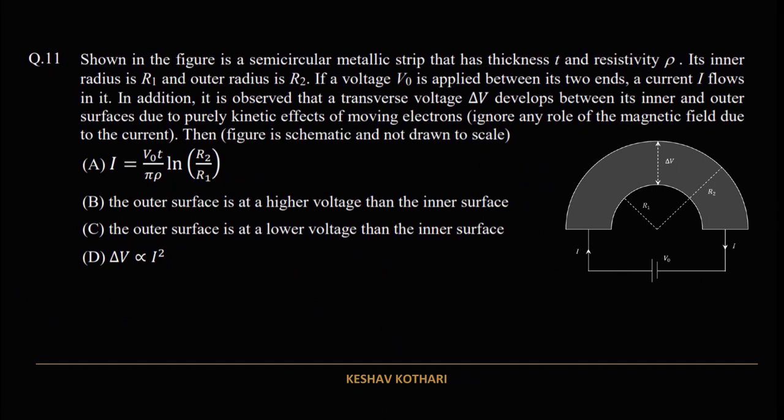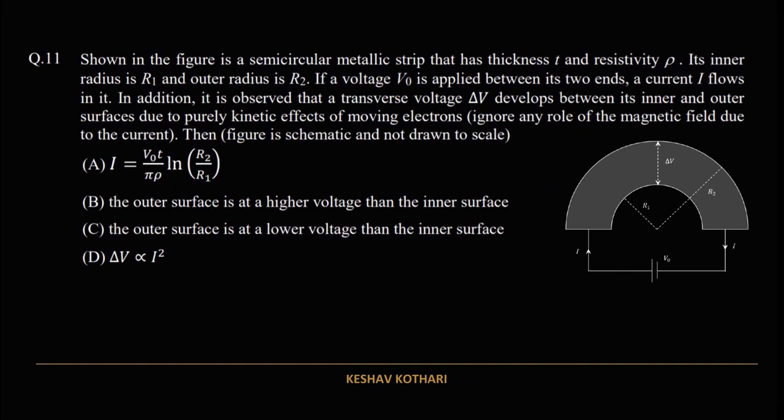Shown in the figure is a semicircular metallic strip that has a thickness T and resistivity rho. Its inner radius is R1 and outer radius is R2. If a voltage V0 is applied between its two ends, a current I flows in it. In addition, it is observed that a transverse voltage delta V is developed between its inner and outer surfaces due to purely kinetic effect of the moving electrons.